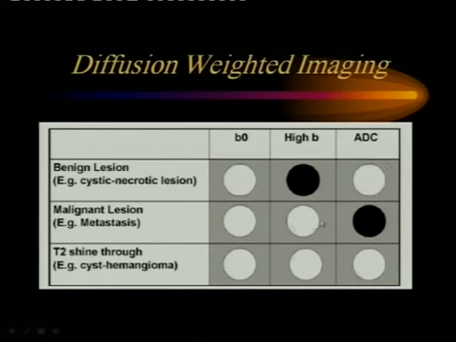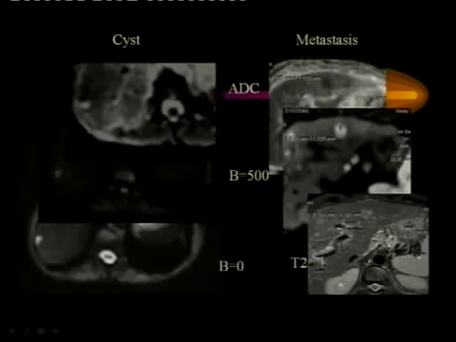The malignant lesions will remain bright on the high B value sequence, and will show a decrease on the ADC map. So just some examples of that for a patient with a benign cyst here. This is on the B0, the B500. You can see it still remains bright on the higher B value, but when you look at the ADC map, it's also bright.